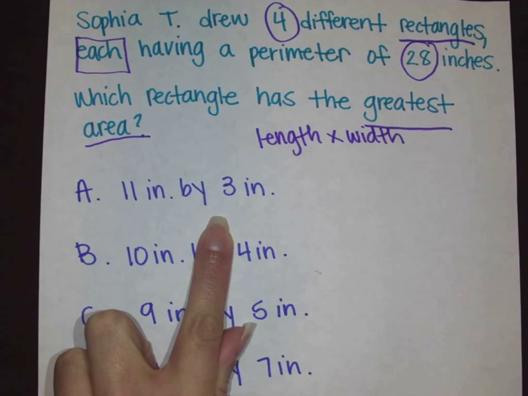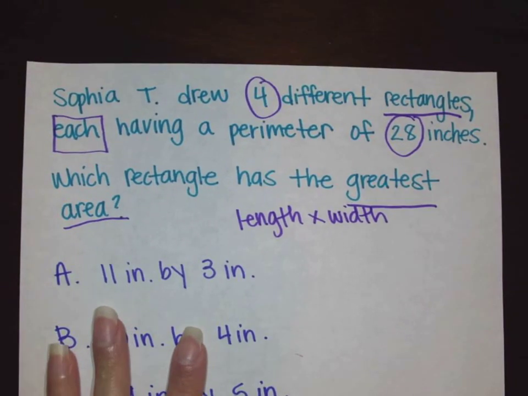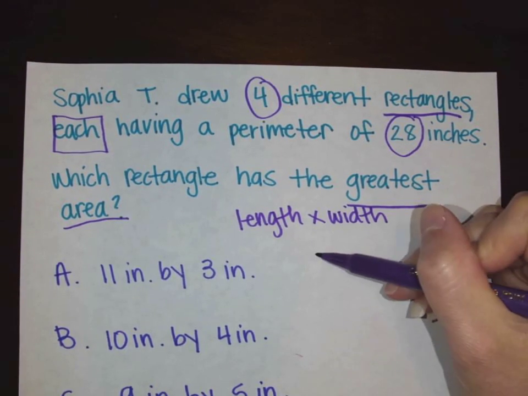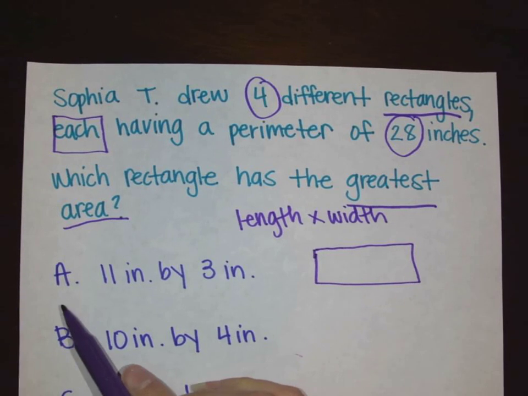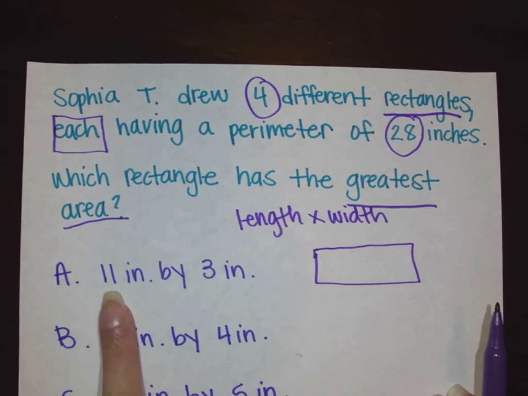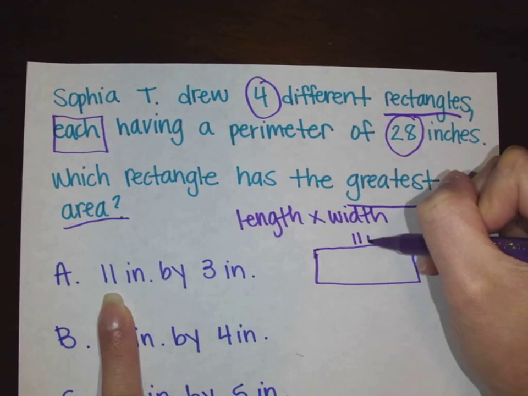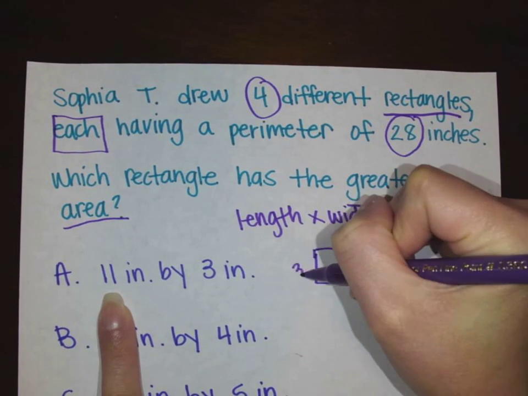Now remember, boys and girls, Sophia has how many rectangles? She has 4 different rectangles, okay? So choice A is saying the measurements are 11 inches by 3 inches.